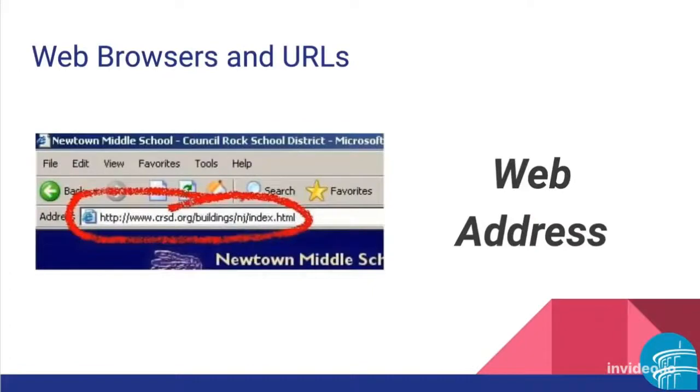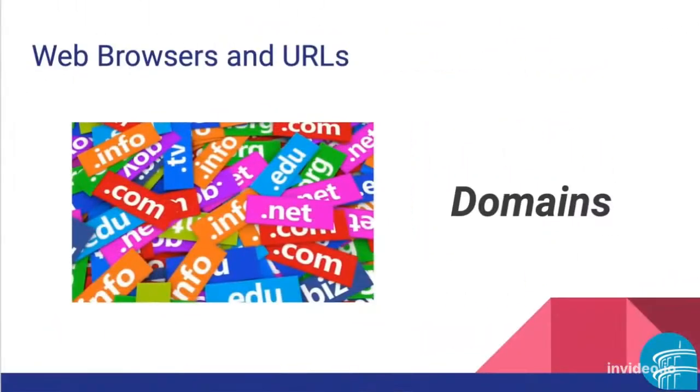A web address tells a computer the correct combination of letters, numbers, and/or characters to reach a particular website from any computer in the world. It is also why it is called a URL, or a Uniform Resource Locator. A web address, or a URL, contains no spaces and does not forgive spelling errors. The end of a URL or a web address provides information that may tell users something about the type of site it is.